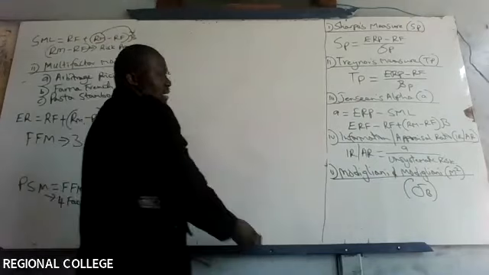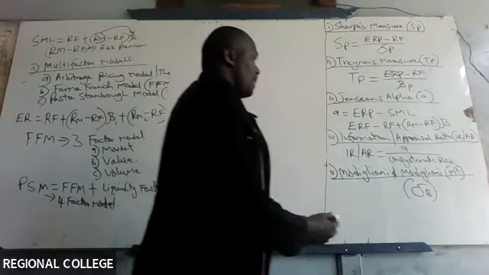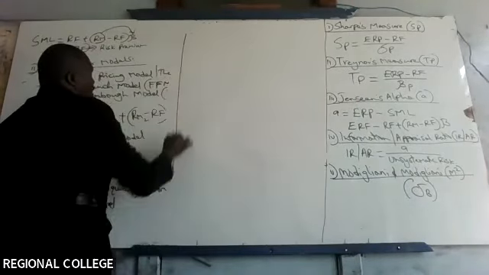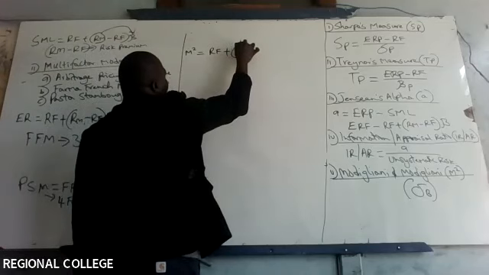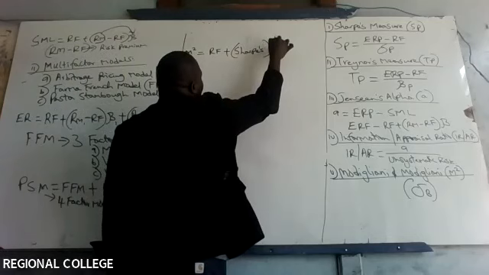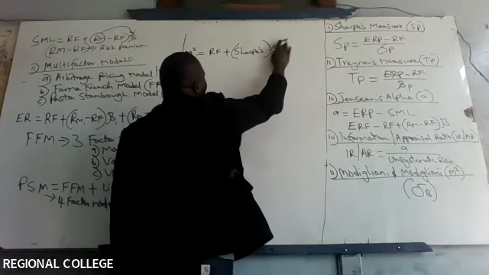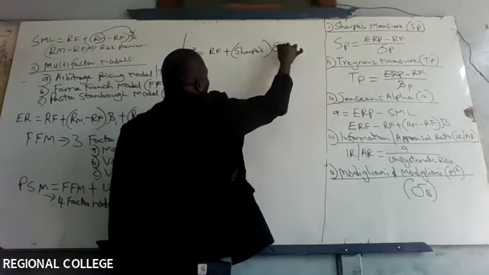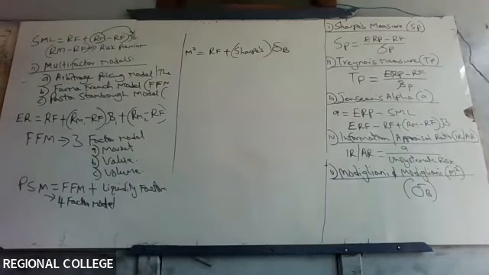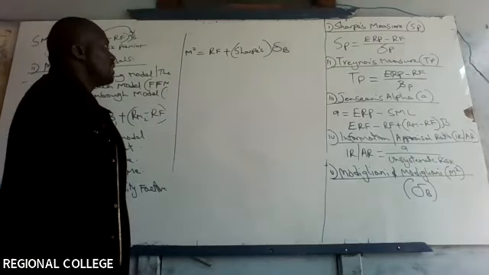Then you say, i.e., M squared equals RF plus Sharpe's measure, you multiply by the standard deviation of the benchmark.